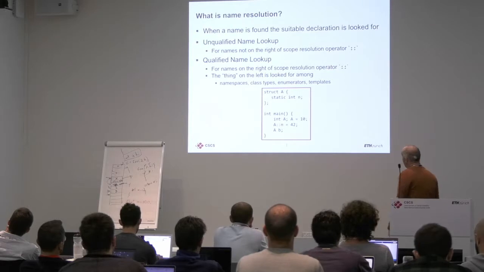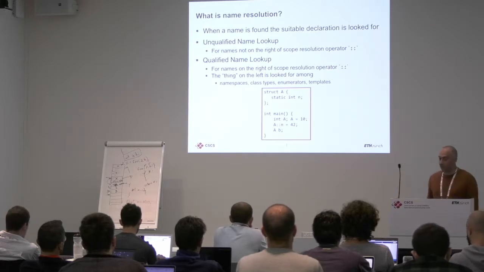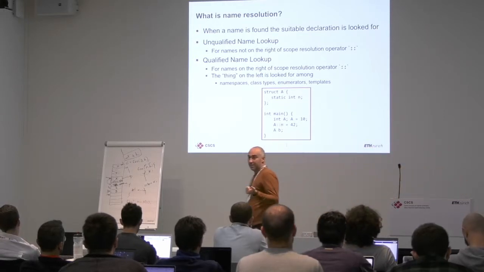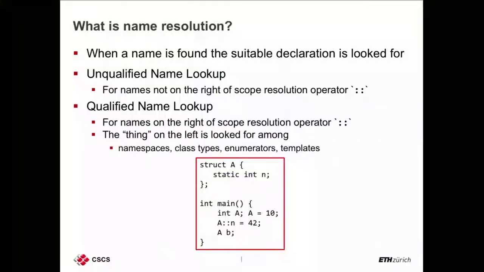So where is name resolution coming from? There are two types of name resolution: unqualified and qualified name resolution. And this pops up in error messages. In error messages, you will see unqualified resolution for this symbol, and you say, what does that mean? Unqualified lookup is for names that are just names.